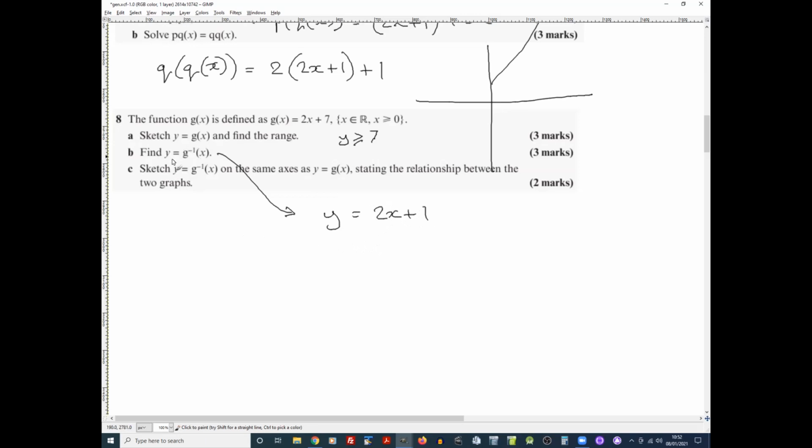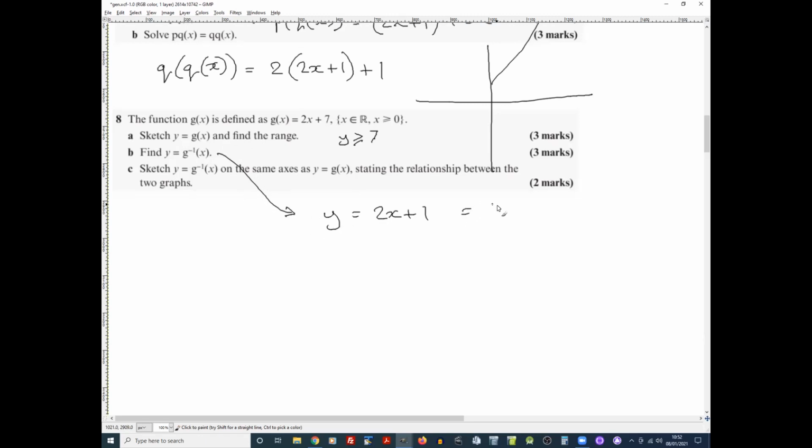All right. Well, starting with y equals the g stuff. So if you go y equals 2x plus 7, that arrow doesn't really belong there. Inverse g of x is not that at all.